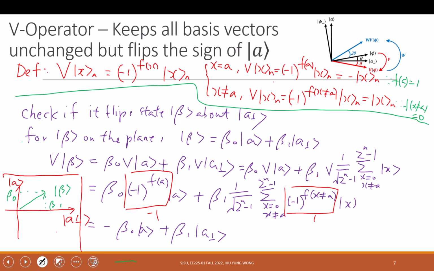It says that you still have beta 1 as the coefficient of A perpendicular, but now you get negative beta 0, right? So it means I do flip it about A perpendicular, right? So this is just a proof saying that, okay, if you have a phase quantum oracle in this form, you achieve the goal of flipping any vector about A perpendicular on this plane.